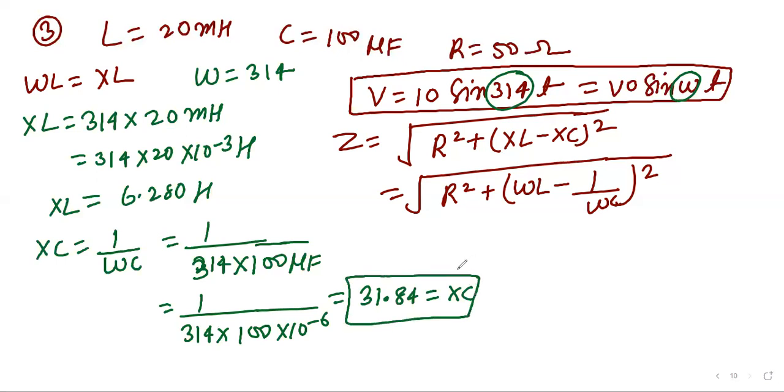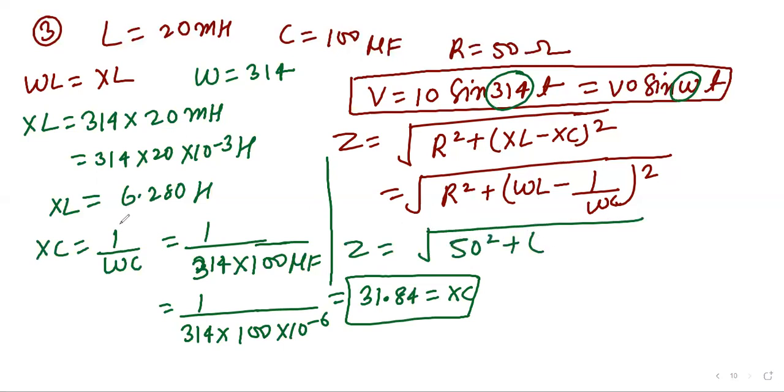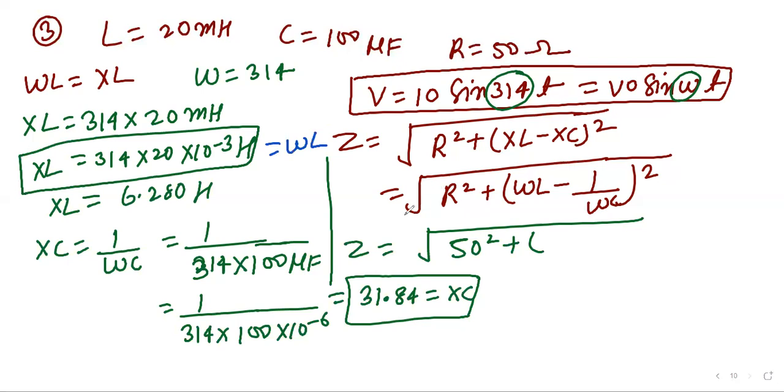So now put all these values in the impedance formula. So Z is equal to the square root of R value, that is 50 square, plus omega L, which is your XL, so put in the formula 6.280, minus 1 upon omega C, that is 31.84.